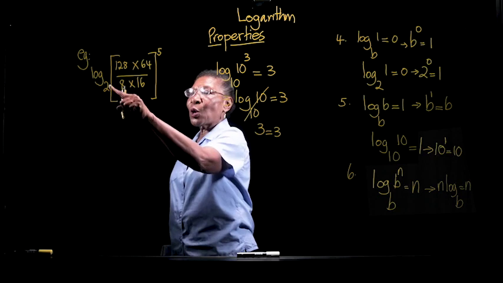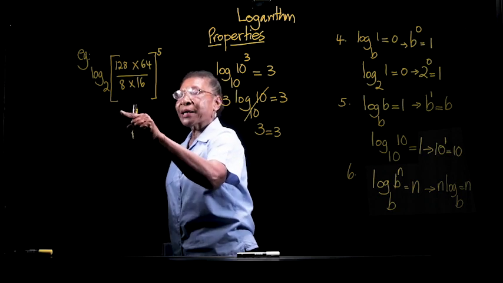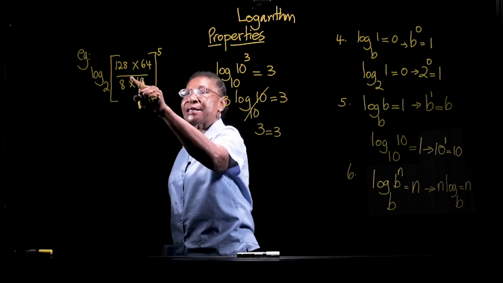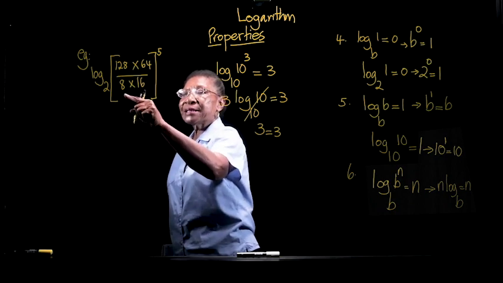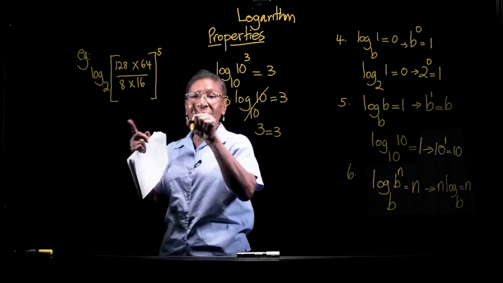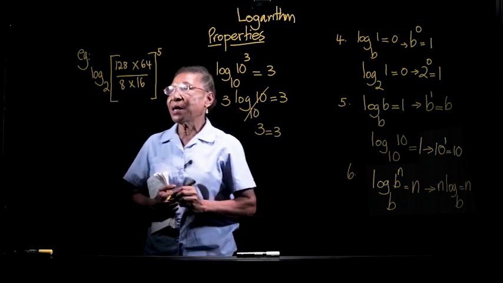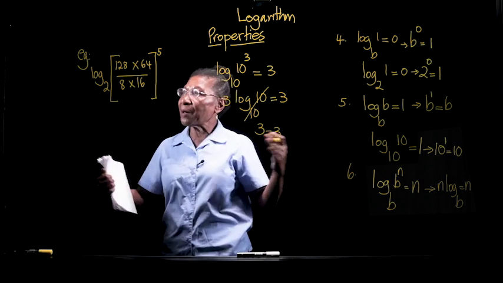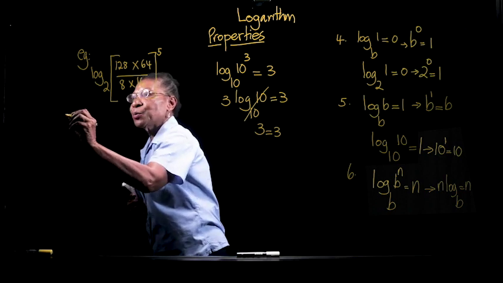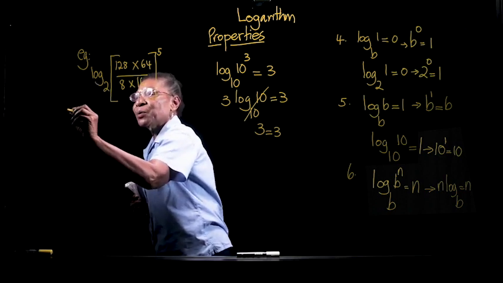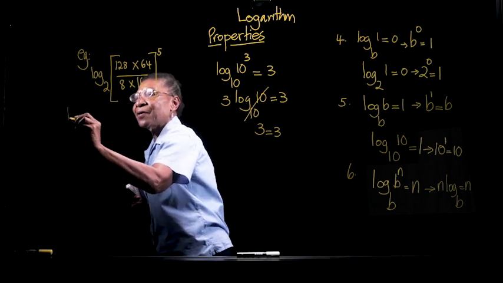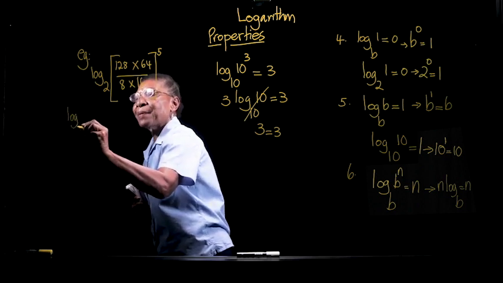If we have log base 2 of brackets 128 multiplied by 64 all divided by 8 multiplied by 16, all of that raised to the power of 5, we could then simplify by expanding, and we would omit the log sign outside.